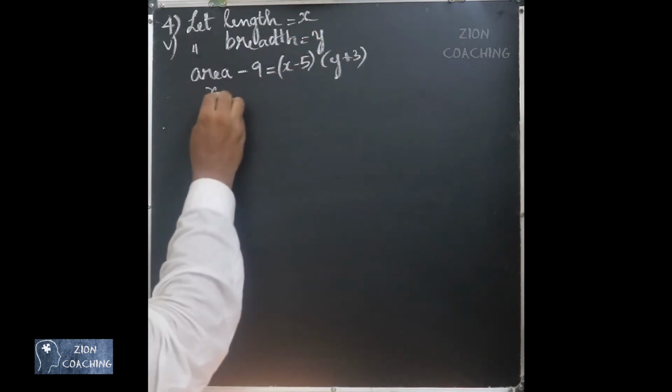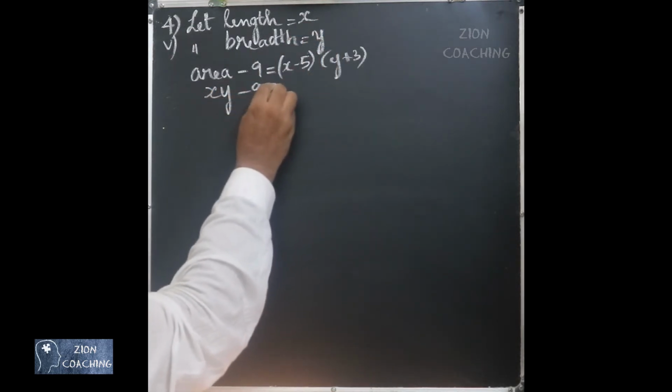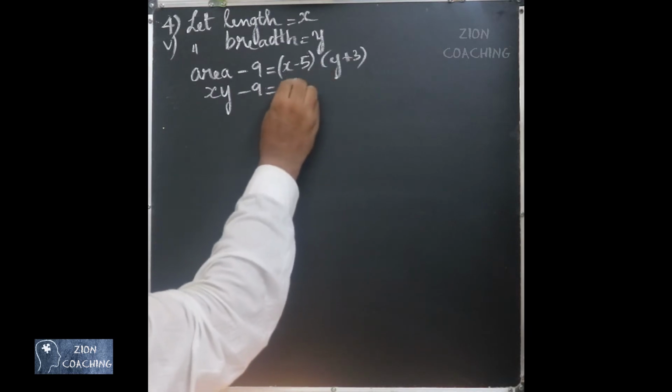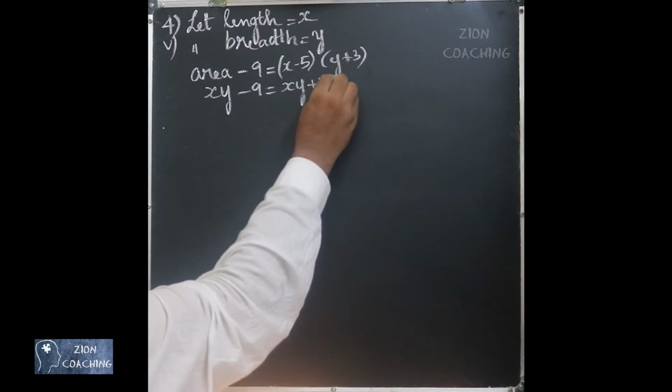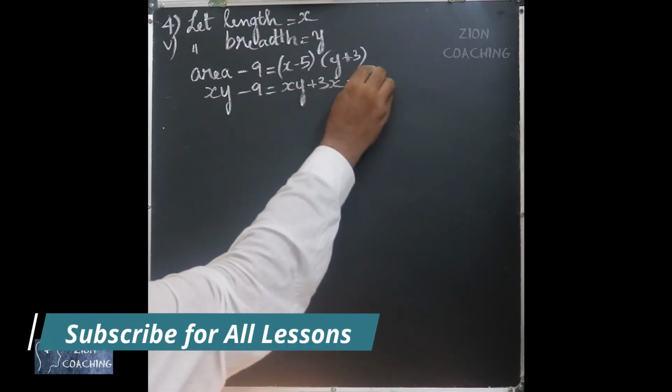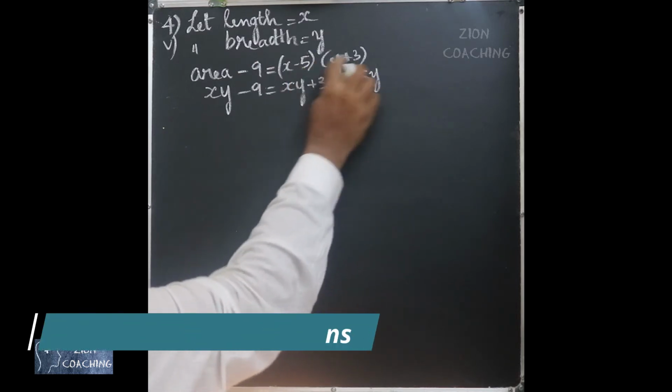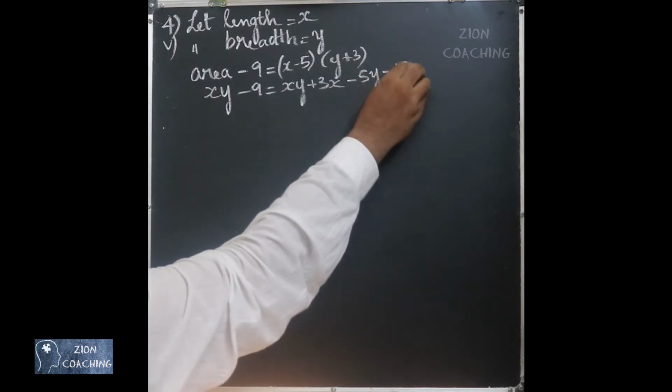xy. We have xy minus 9 equal to x into y is xy, x into plus 3 is 3x, minus 5 into y is minus 5y, minus 5 into 3 is minus 15.